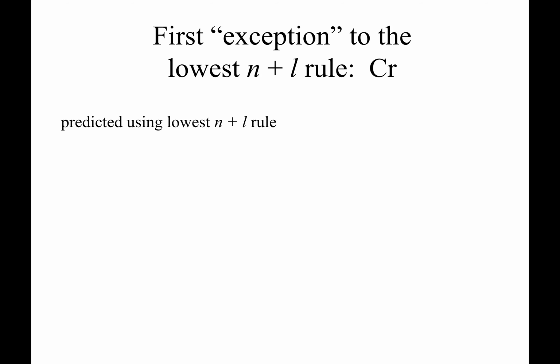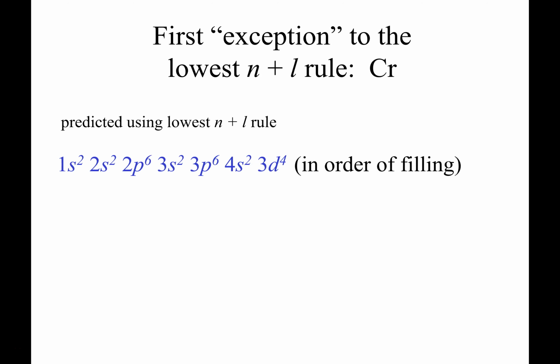So if we pick on chromium, chromium has 24 electrons, and this is how we would write it, in the order of filling. We would come up behind argon. Beyond argon, we have 6 more electrons, and here's where they are: 2 in the 4s and 3 in the 4d.